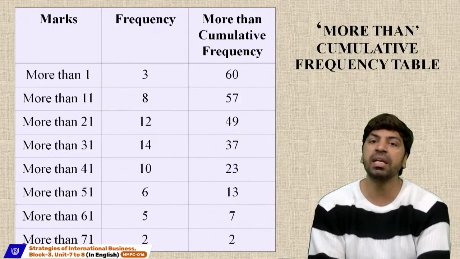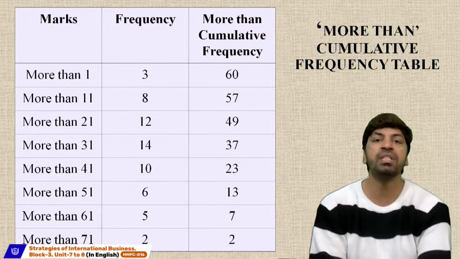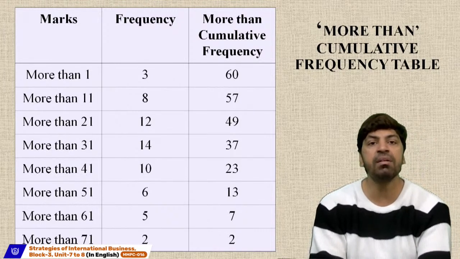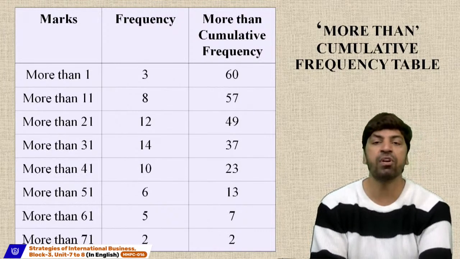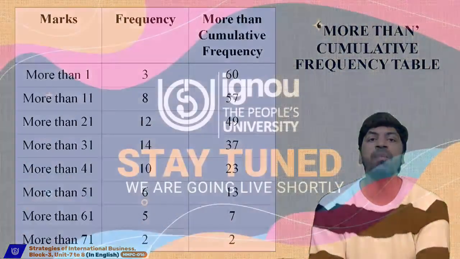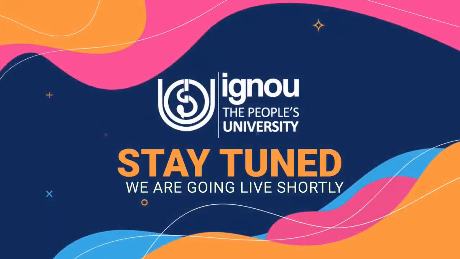So 60 minus 3, 57. 57 minus 8, 49. 49 minus 12 is 37. 37 minus 14, that is 23. 23 minus 10, that is 13. 13 minus 6, that is 7. 7 minus 5, that is 2.